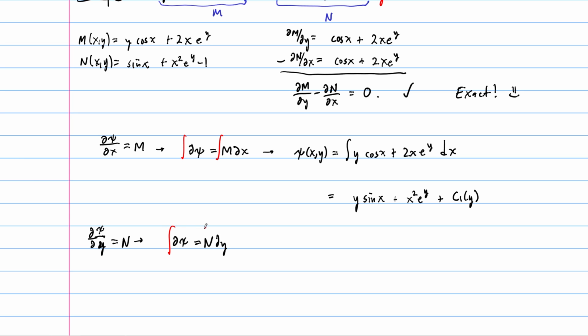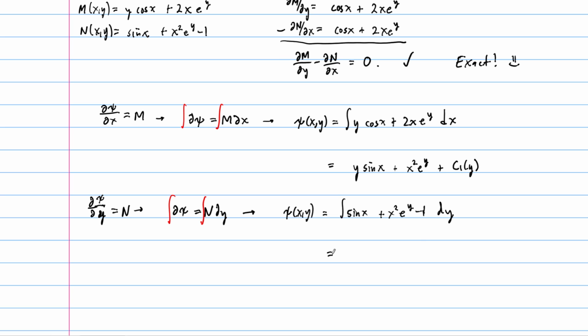And then when we integrate, we do a partial integral, and in an integral we usually just change this to a regular d. But the point, though, is that our function, psi of x, y, is equal to not only what we have up here, but it's also equal to the integral of N, whose equation is sine of x plus x squared e to the y minus 1, integrated with respect to y, okay?